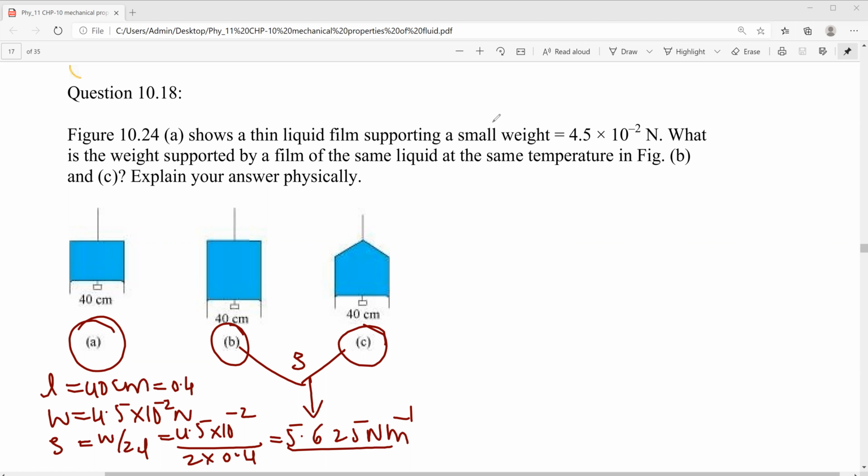Since the length of the film in all the cases is 40 centimeters, therefore the weight supported in each case is the same, that is 4.5 into 10 to the power of minus 2 Newton. So this is the reason.